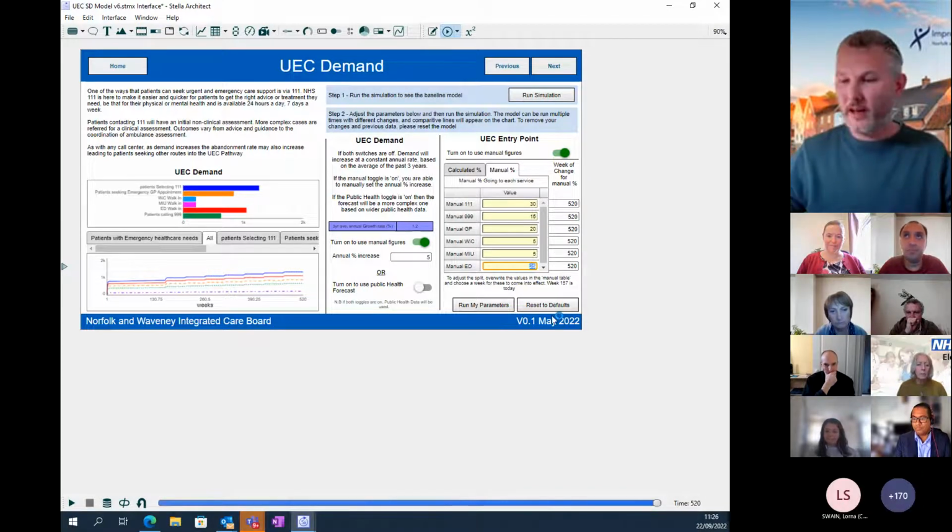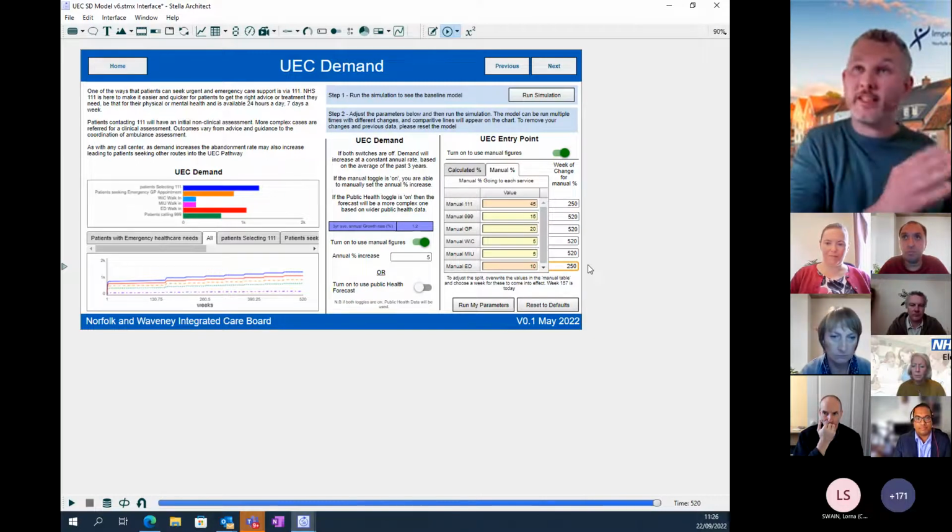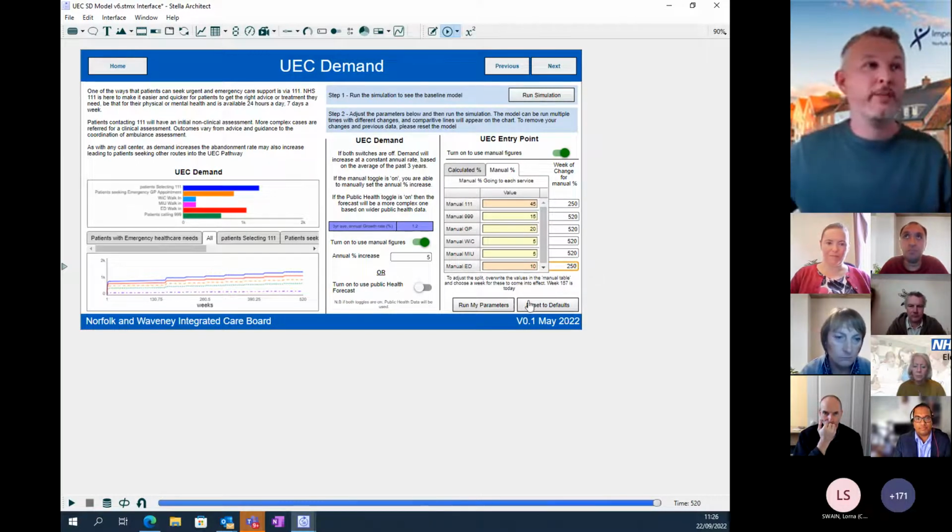We can change that and we can say only 10% of these UEC people are going to go to ED, and we're going to add that 15% in to attend 111. They're going to call them. We can say we want that to take place in a couple of years' time. So we'll say that's going to take place in week 250. The reason why it's 250, of course, is because 3 years is historic, and therefore this is about 2 years in the future.